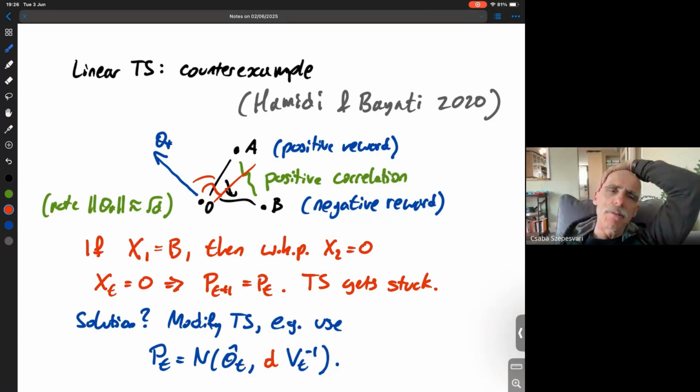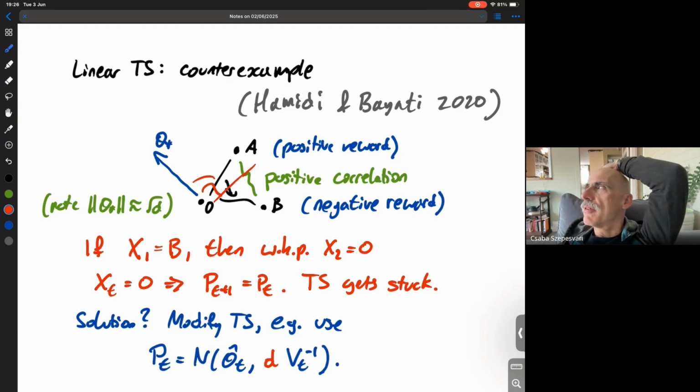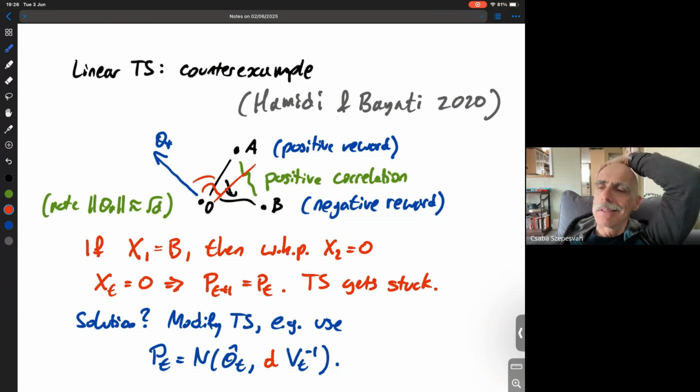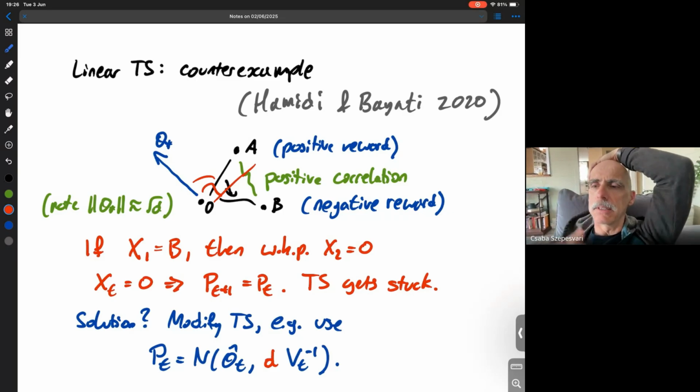I guess if your demand is that you want to be completely invariant to scaling rewards, and you have a fixed arm set, then you are running into this trouble. Because now you have to work with theta star of any magnitude, because that's how things are scaling. You have a fixed action set.